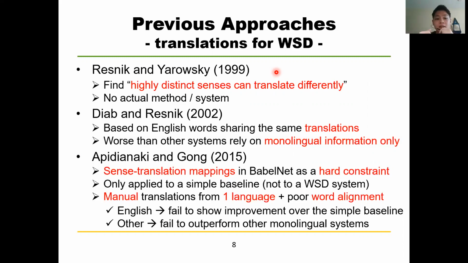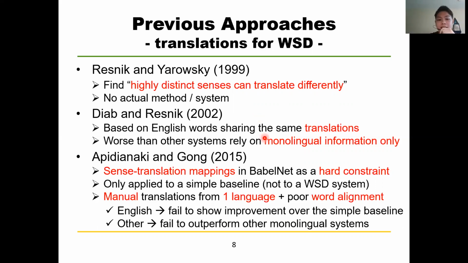However, they didn't actually propose any method or system based on their observations. Then Diab and Resnik proposed a new WSD system based on English words sharing the same translations. However, their system failed to show improvement over other systems which rely on monolingual information only.